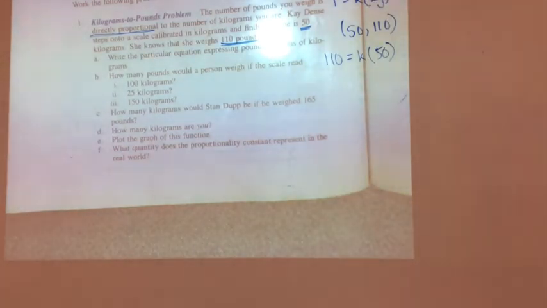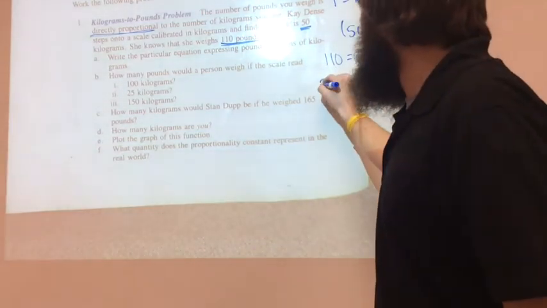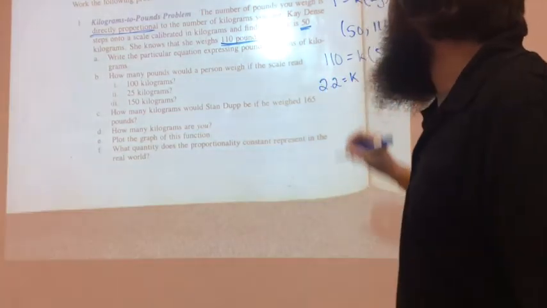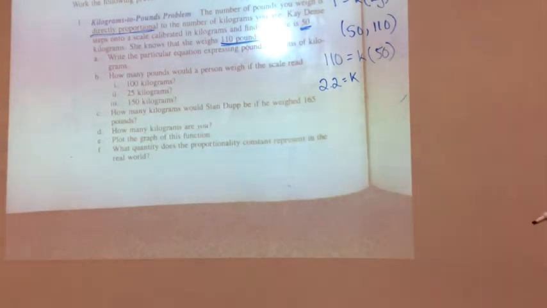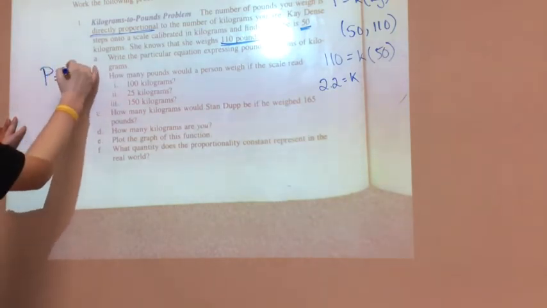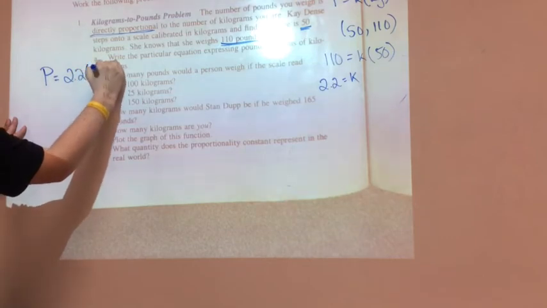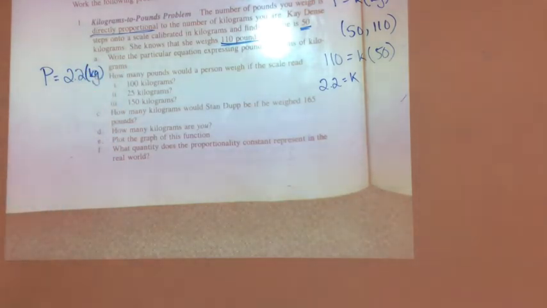For these problems, I'll allow you guys to have decimals. Decimals are okay. If you do the division on this, you get 2.2 equals k. This will be able to build our particular equation now. So pounds equals 2.2 times kilograms. That would be part A, our particular equation.